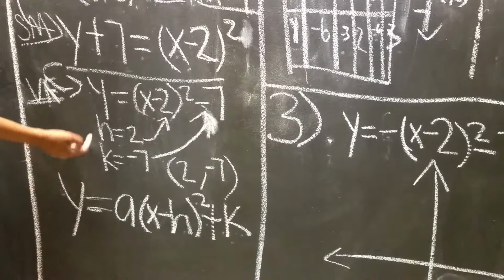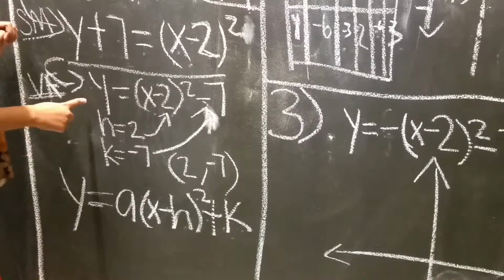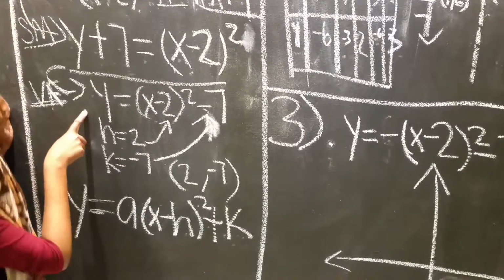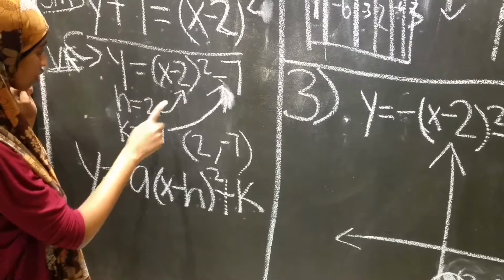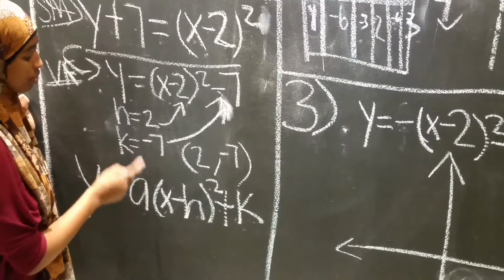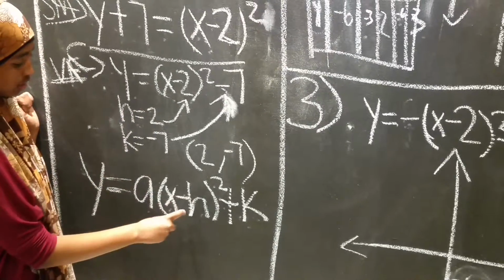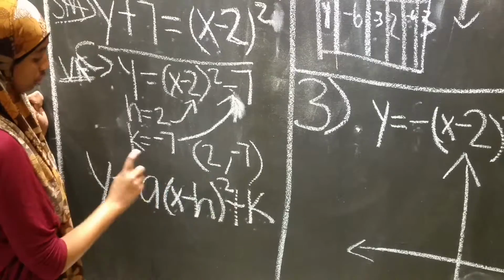To get to our vertex form, we have to put in our h right here, and then our k right here.